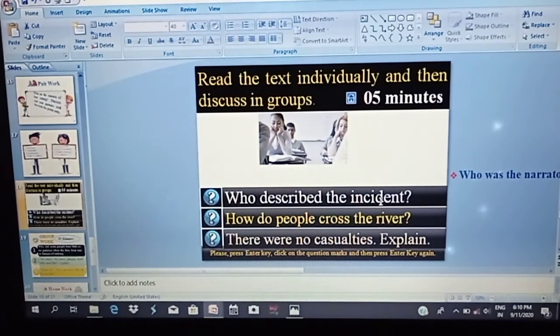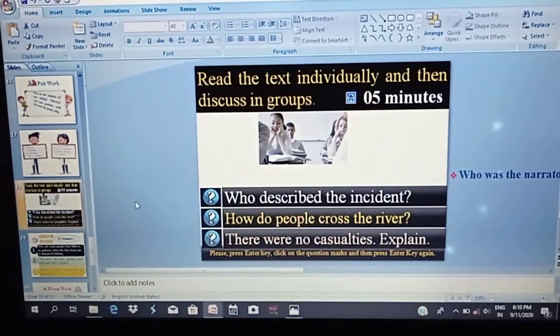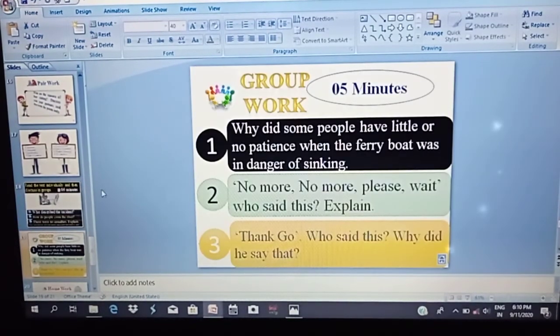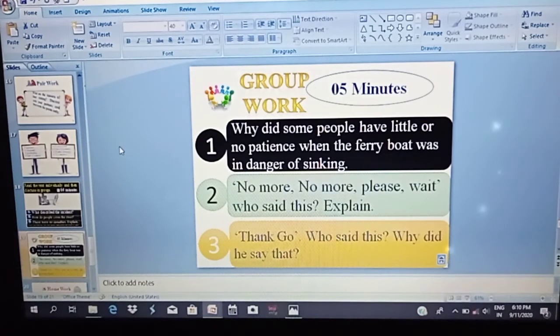Who described the incident? How do people cross the river? There were no casualties. Explain. These questions are very easy, and it will be very easy for you to write down. Okay. So now I'm leaving a group work for you. Though it may not be possible for you to work in a group, if possible you will do it, otherwise you will do it individually.